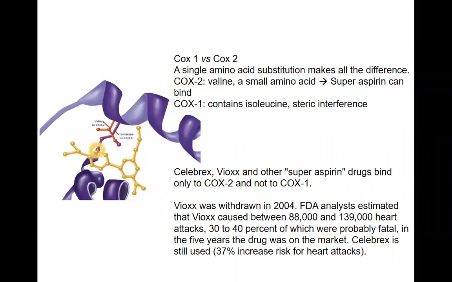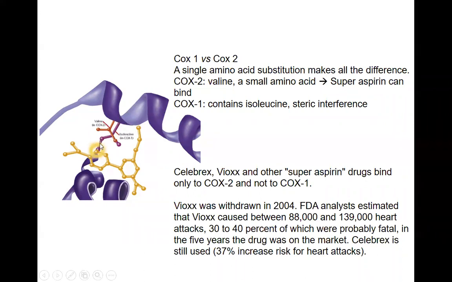So they looked at the crystal structure of COX-1 and COX-2, and it's really a very small difference. These are two isoforms of the same protein. They're not splicing variants. They're encoded by two different genes. The major difference is that in the COX-2 active site you have a valine, whereas in the COX-1 active site you have an isoleucine, in purple.